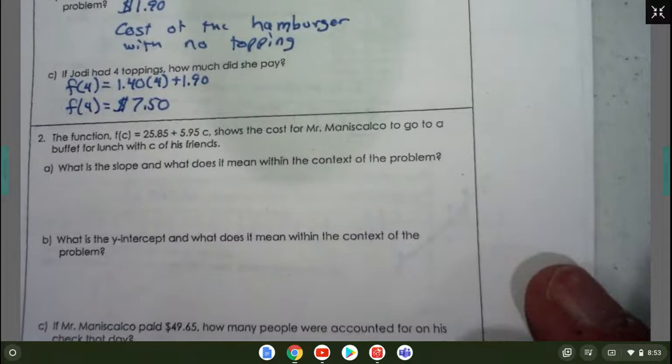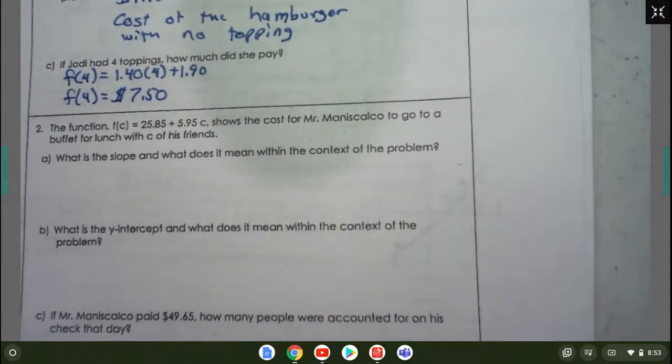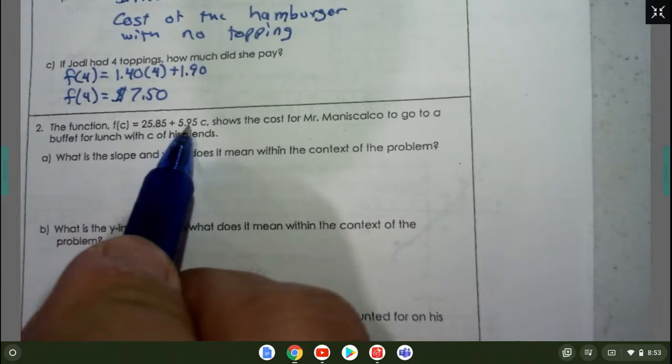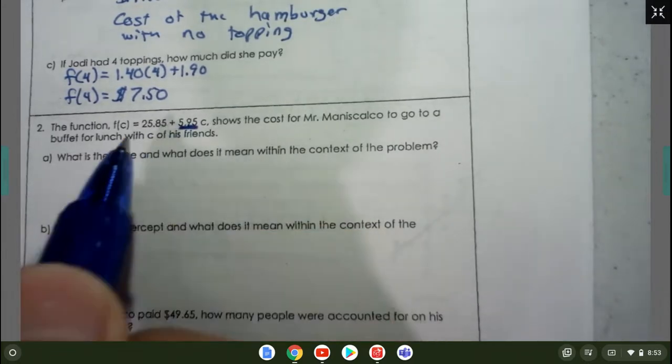Another function, f of c is 25.85 plus 5.95c, shows the cost of Mr. Maniscalco to go to a buffet for lunch with c of his friends. It's interesting. What is the slope? What does it mean within the context of the problem? This one might be a little confusing for some of you guys because they've got it backwards, right? They put the starting cost here and then the cost per friend, or the slope, here.